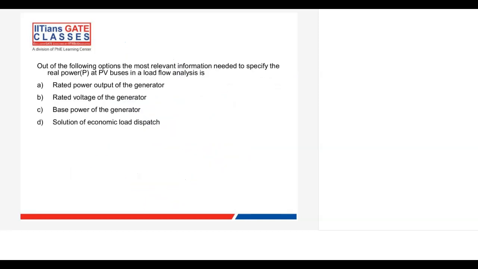Now let's look at the second question. This question is from load flow analysis. They're saying that we have a PV bus and they want to know what is the most relevant information for this P. What is P?